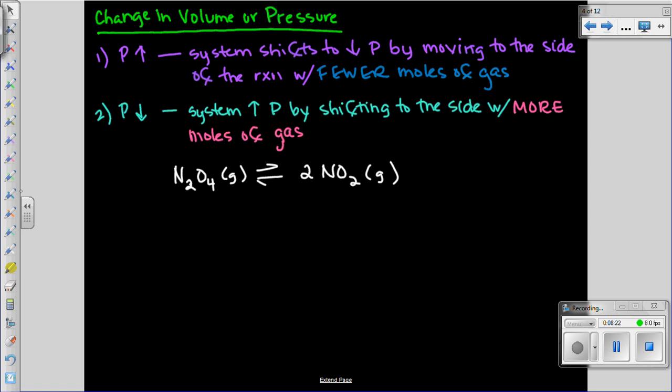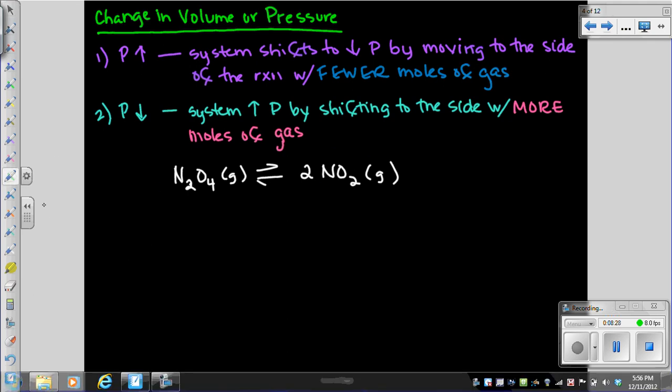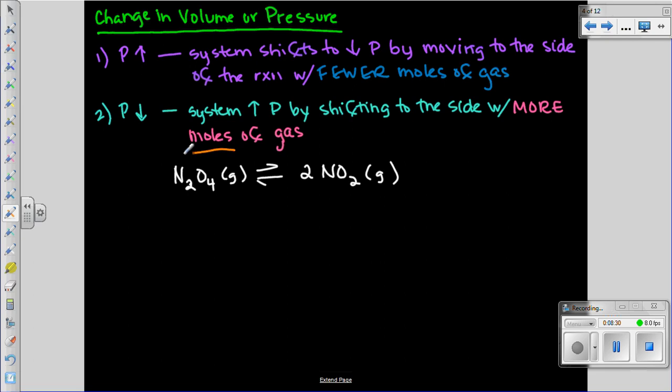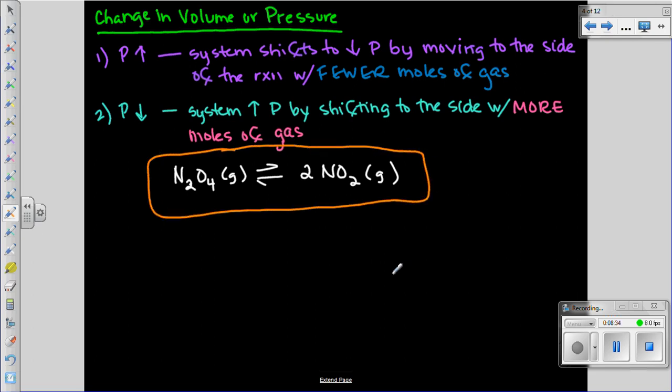So let's just pick a situation here. We're going to take this system that is at equilibrium and stress it by decreasing the volume of the container. So we decrease volume, which means that pressure is going to increase.